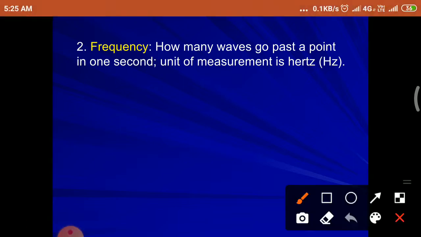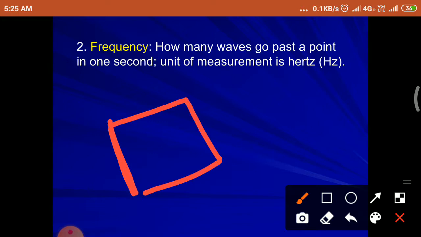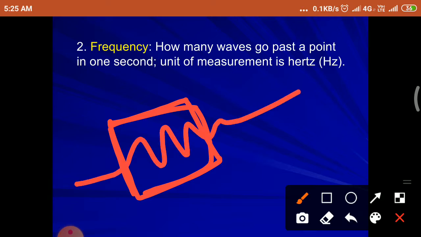If you take any point from this area, in 1 second, how many waves pass? This is called frequency. How many waves go past a point in 1 second, that is called frequency. It is measured by the unit hertz.